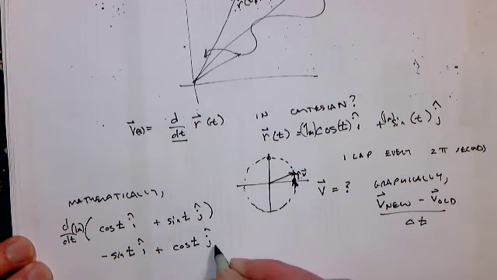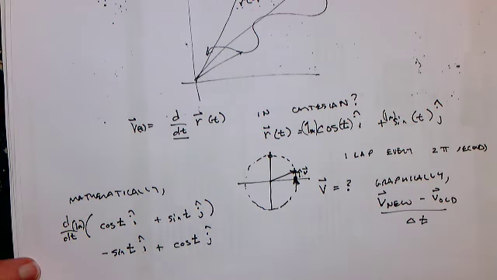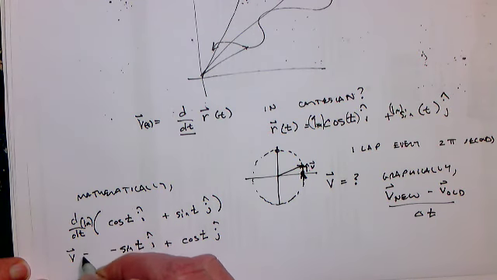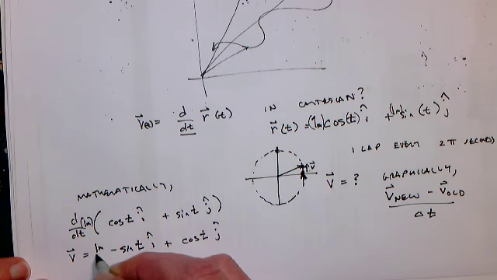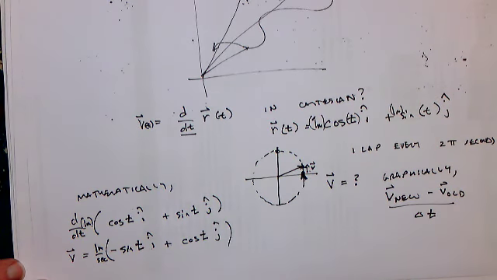And i hat and j hat aren't changing in time, right? They're constant unit vectors, and I sort of just did that without saying anything about it. But when I take this derivative, I'm actually taking the derivative of cosine of t times i hat. I would use the product rule for that, and the derivative of cosine of t is minus sine of t times i hat. The derivative of i hat is 0 because it's not changing, so that drops out, and so on. So I end up getting a velocity that's 1 meter per second times this quantity.